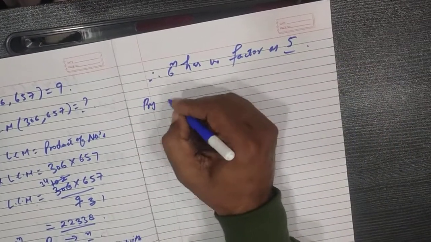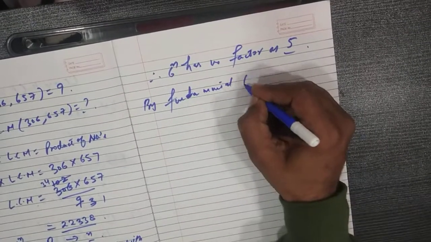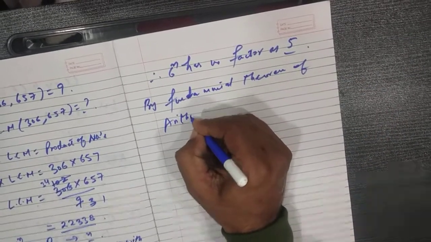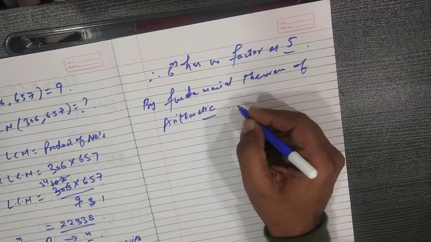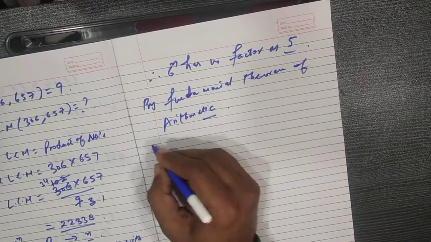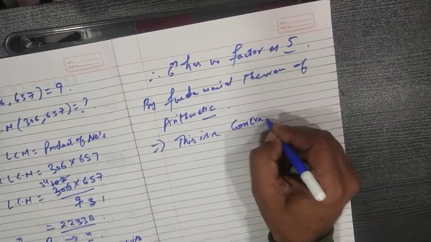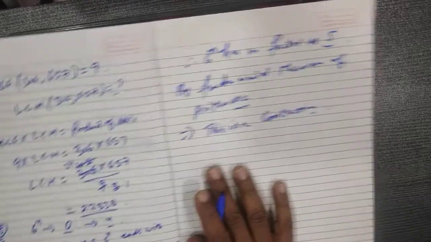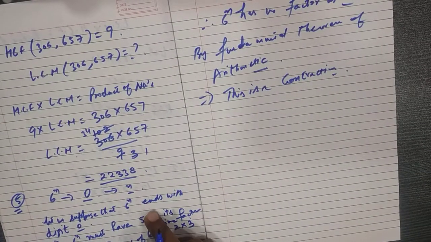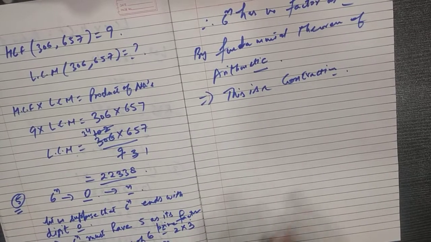So by the fundamental theorem of arithmetic, you know that every composite number can be expressed as a product of primes. So this is a contradiction. 6 power n has only 2 and 3 as factors, and we have supposed that 6 power n ends with digit 0, and so it must have 5 as its prime factor.